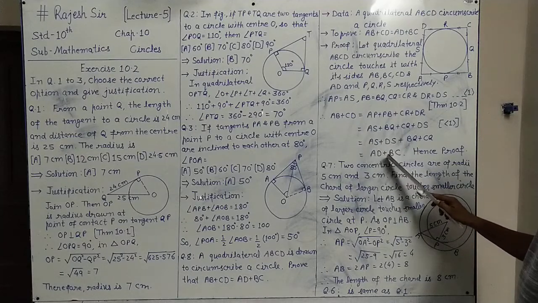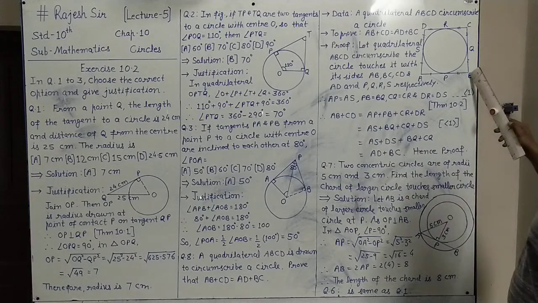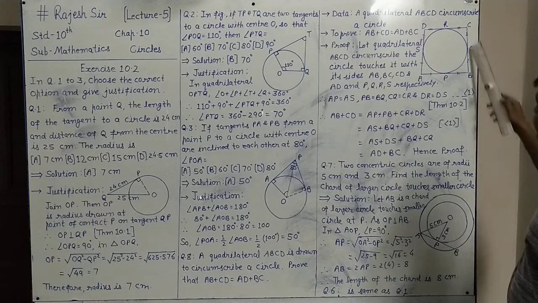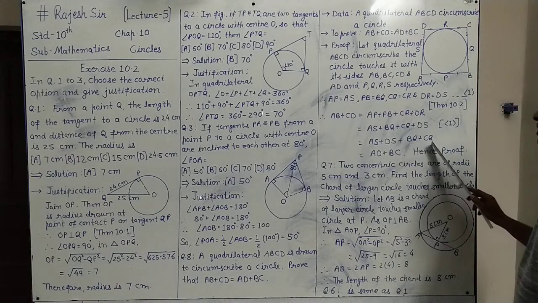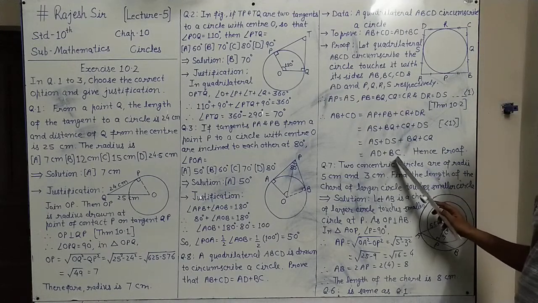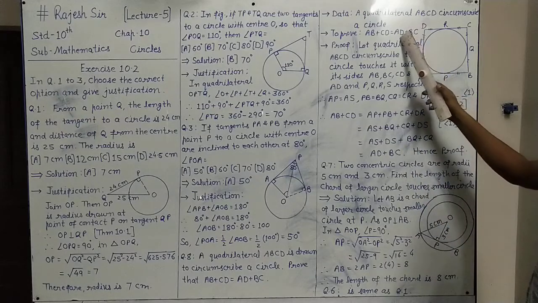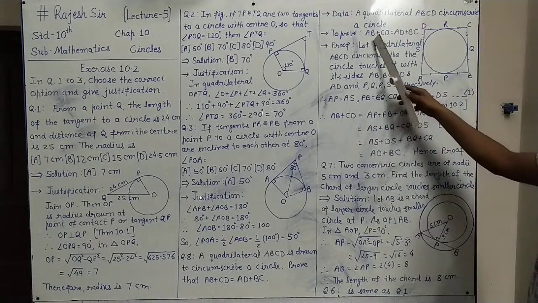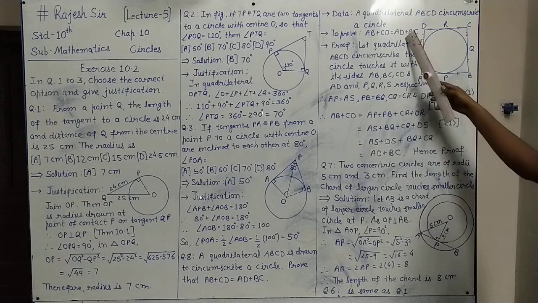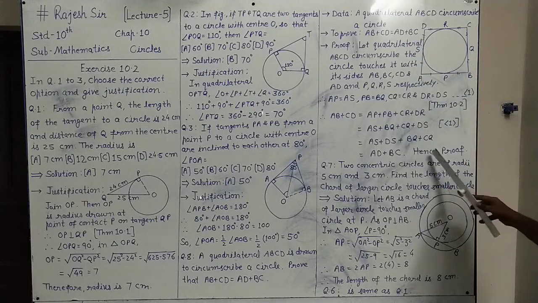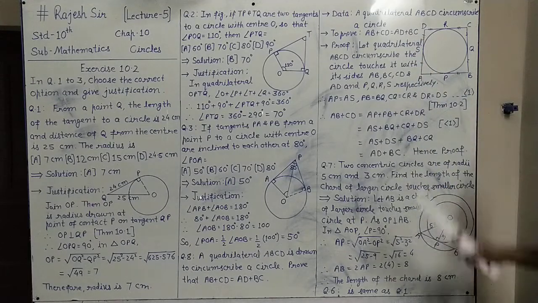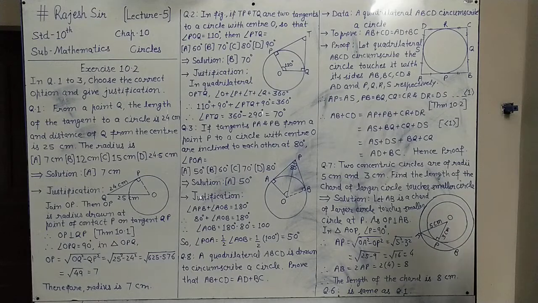Similarly, BQ plus CQ gives BC. So this way we have got the right side also. We started with the left side AB plus CD and we get the right side AD plus BC, and the proof is done. So we have seen a very simple proof.